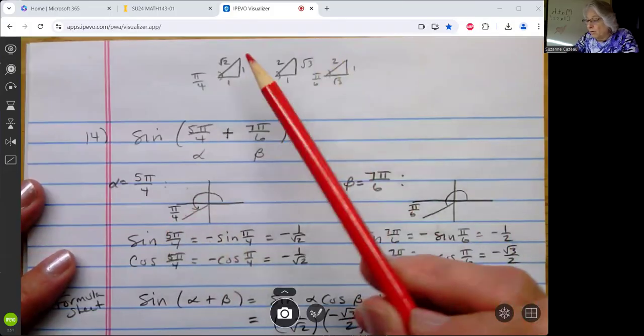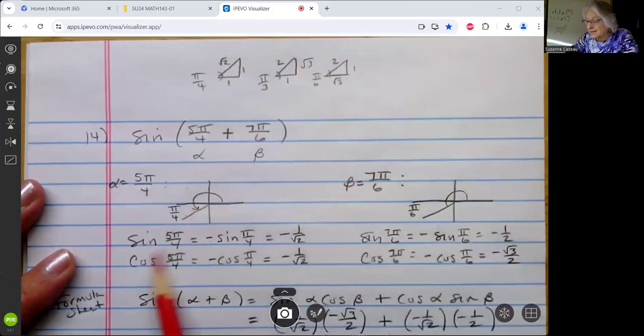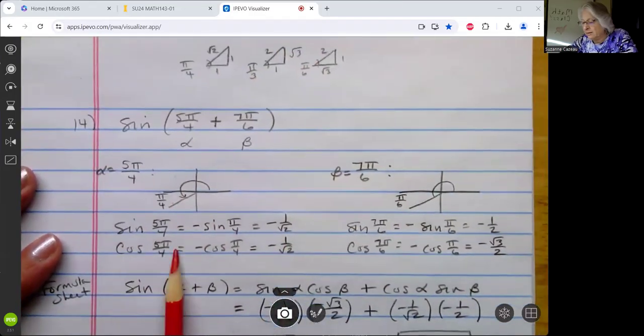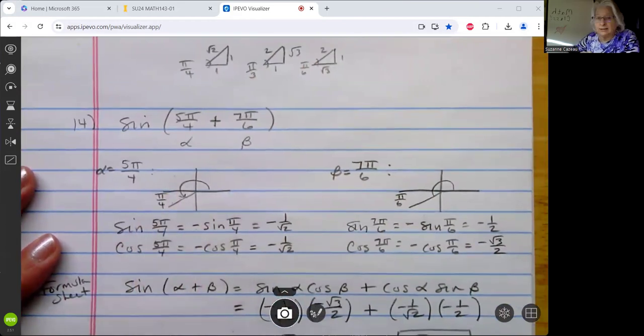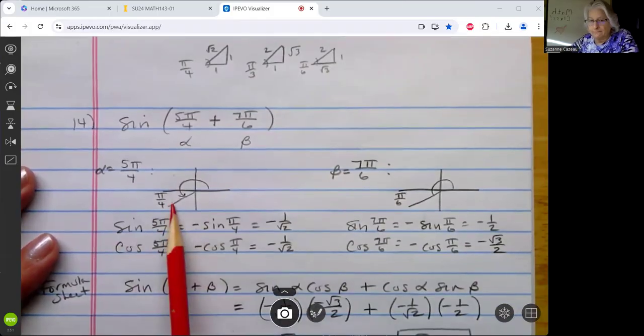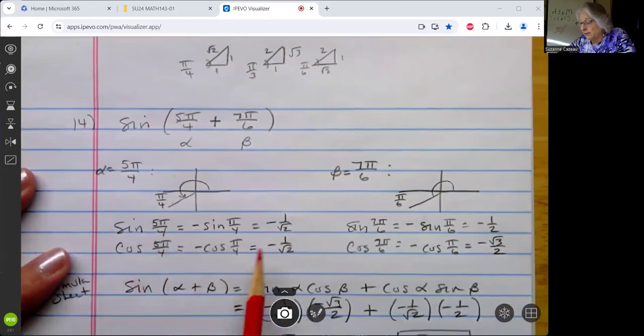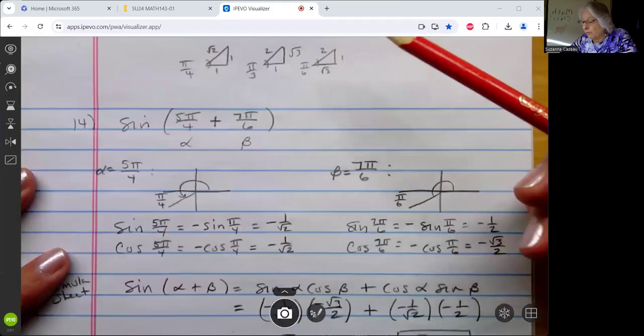Sine of pi over 4 is 1 over root 2. So this is negative 1 over root 2. Cosine of 5 pi over 4. All students take calculus. Cosine is also negative in quadrant 3. So that's negative cosine pi over 4. And that's going to be a negative 1 over root 2.